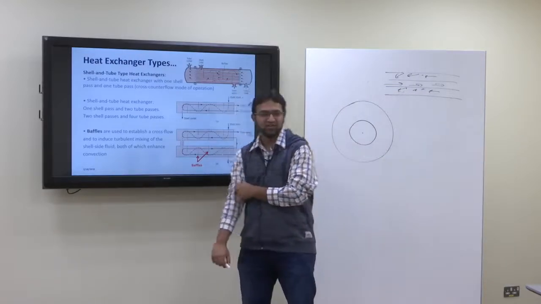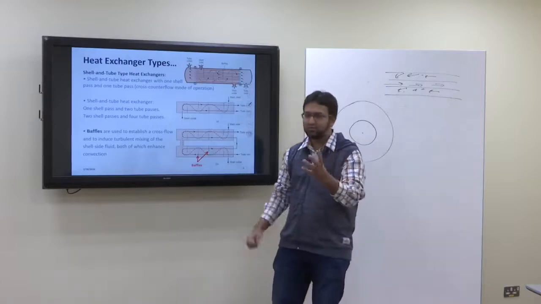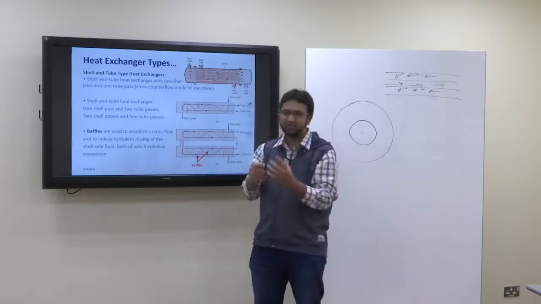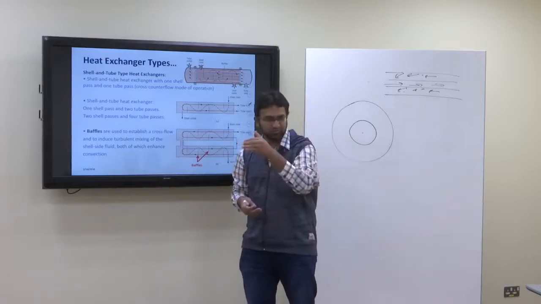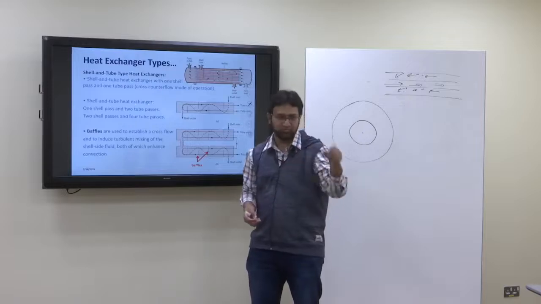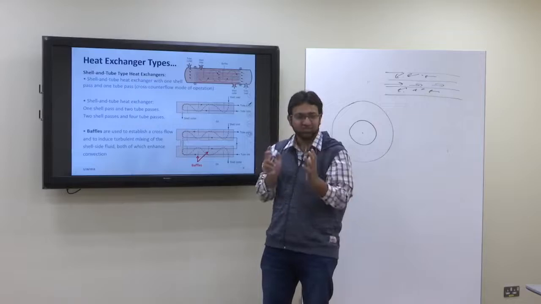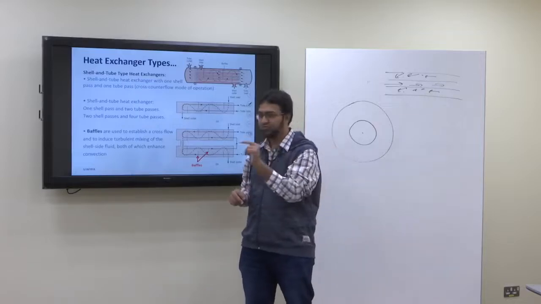So a shell and tube heat exchanger is a kind of heat exchanger where you have a shell, and inside the shell you have tubes. But it's not just one tube. There are many tubes inside this shell. Shell is one, but inside the shell you have many tubes, right?